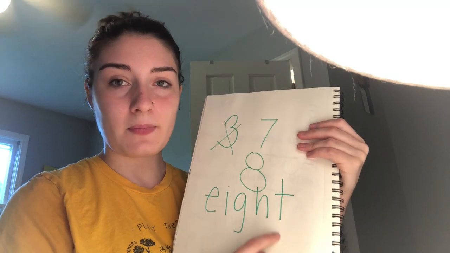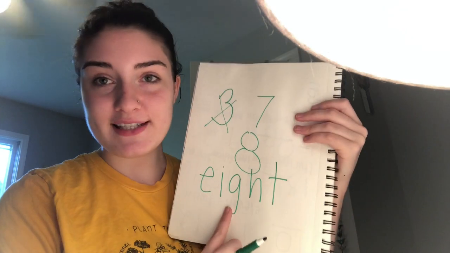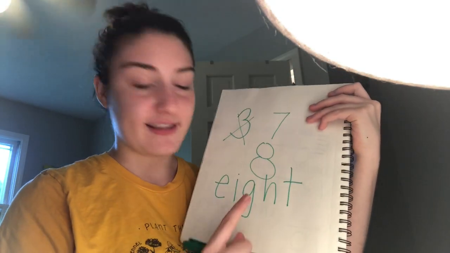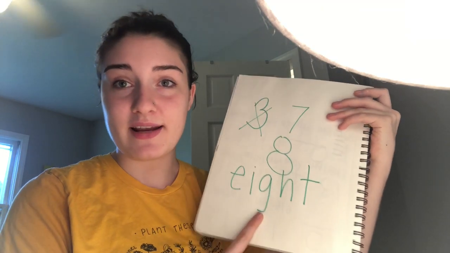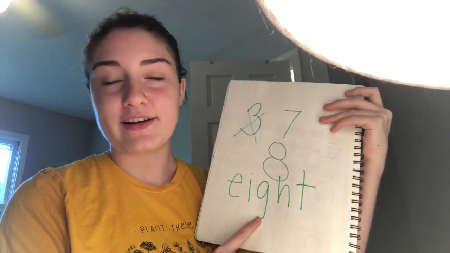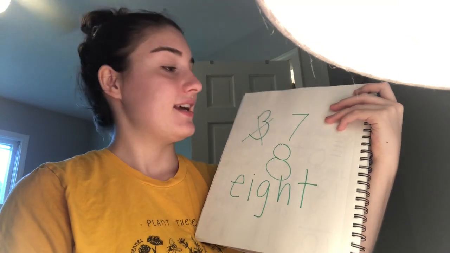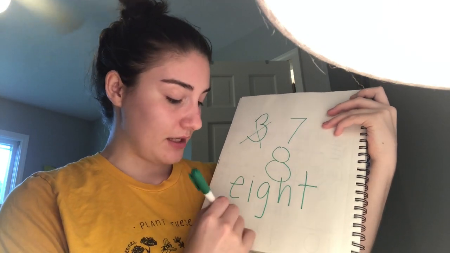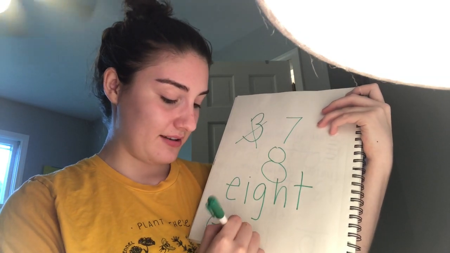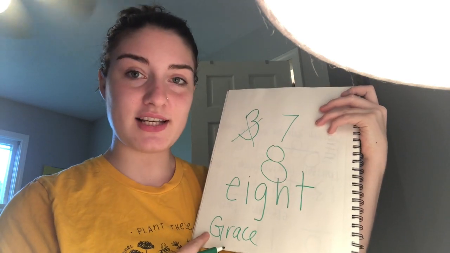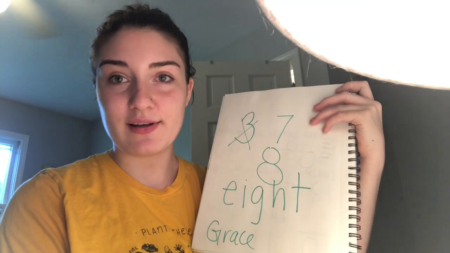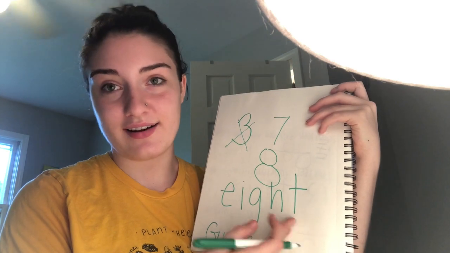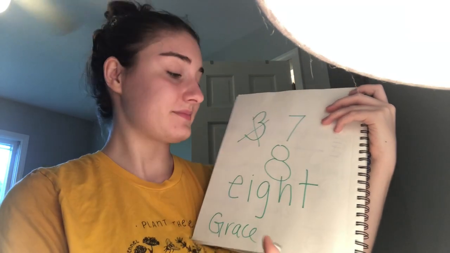8. Now you might be confused about why the letter G is in there, because like many of you know, the letter G makes a G sound in English, just like my name, Grace, starts with a G. So why is there a G in the middle of the word 8 where you can't hear that letter at all?